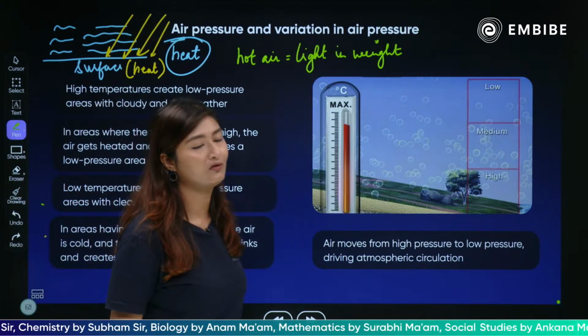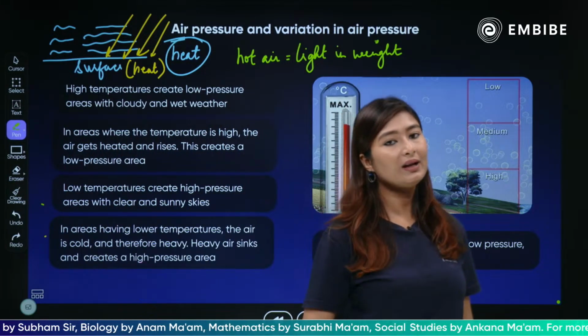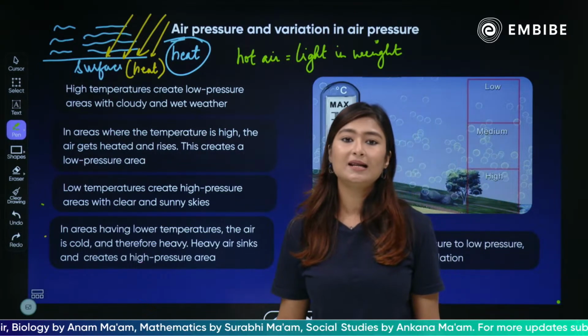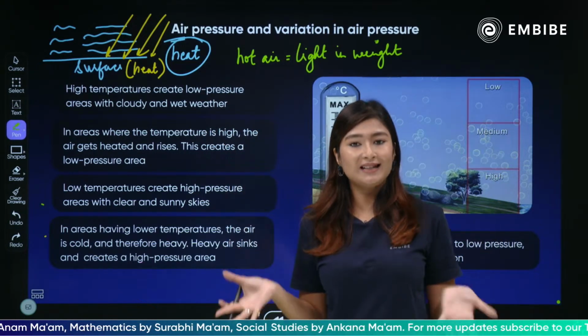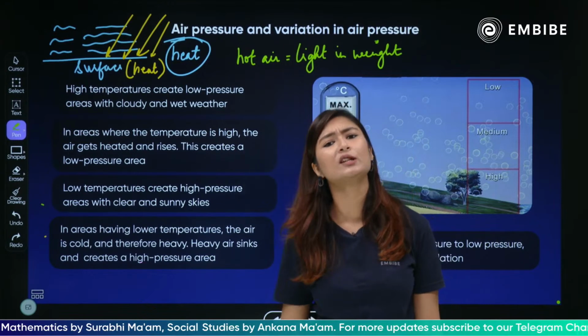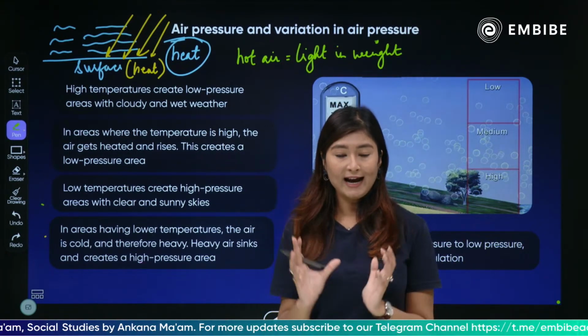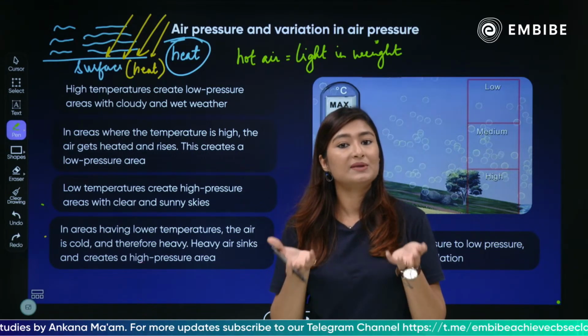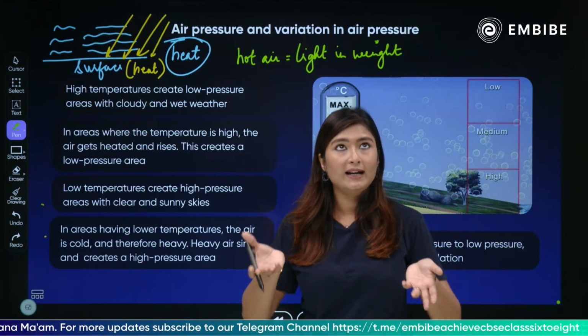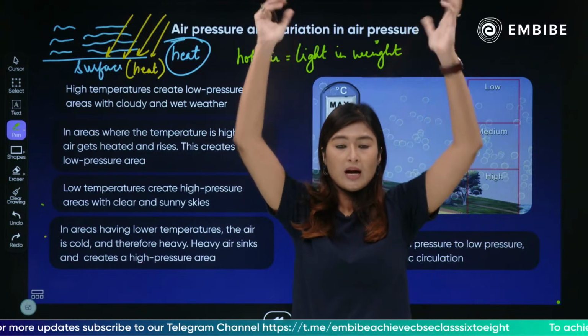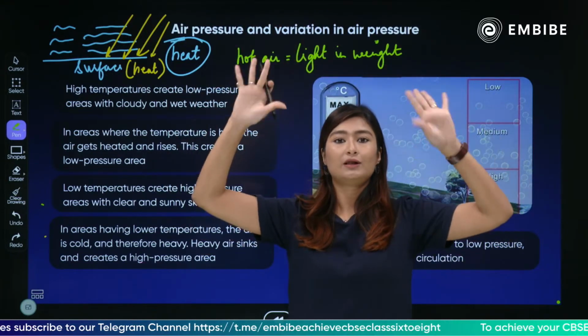It is very light in weight. ठीक है. And when it is very light in weight, it starts lifting up. कोई चीज बहुत हल्की है वजन में, ऊपर जाने लगेगी. You might have seen hot air balloons. Why does it go up in the sky? Because when the air heats up, it becomes lighter and it becomes so light that it starts rising up and it takes the balloon along with itself.